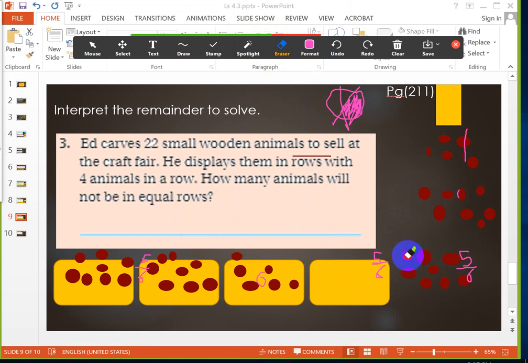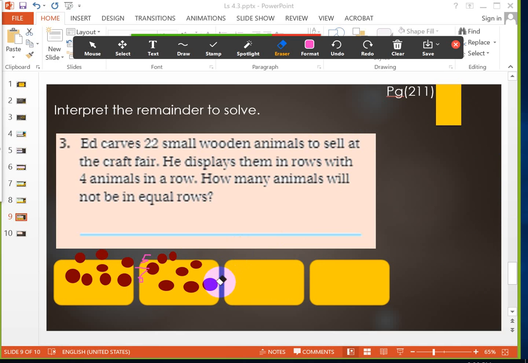So let's see number 3. I want someone of you to read for me this problem. Who will read? Yes, Kinda, can you read for me this problem? Yes, I can. Yes, please. Ed crafts 22 small wooden animals to sell at the craft fair.